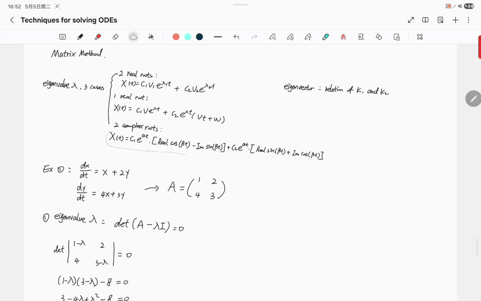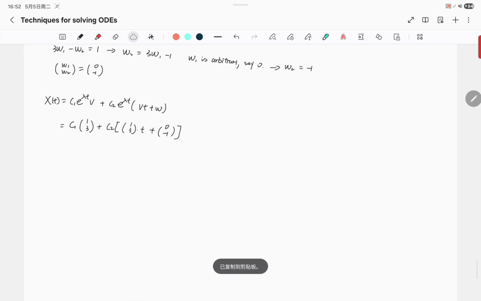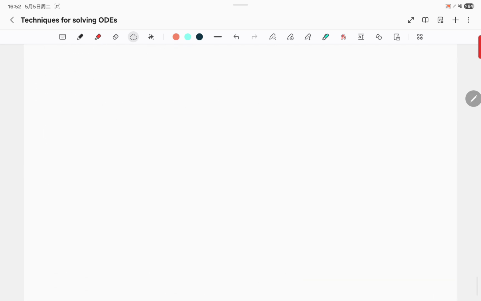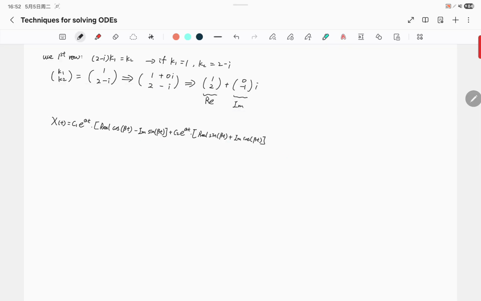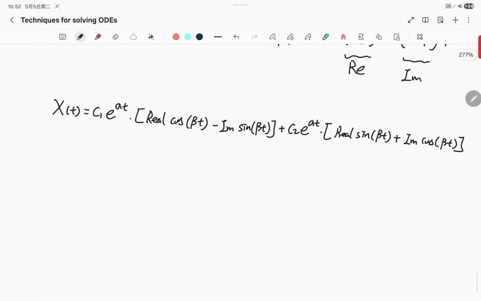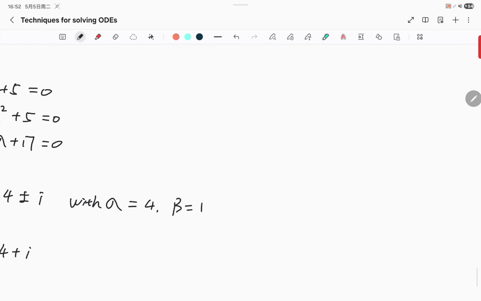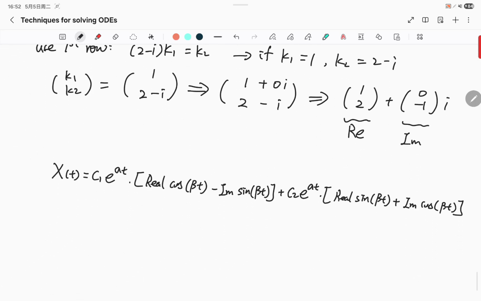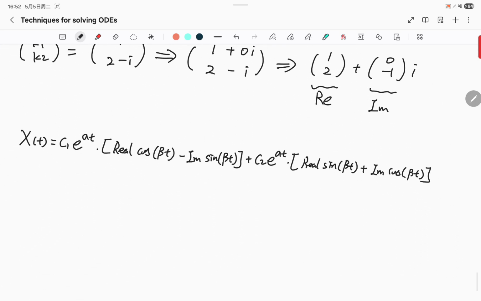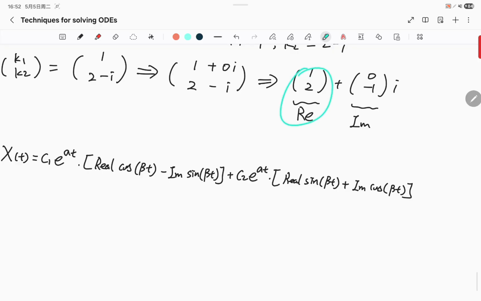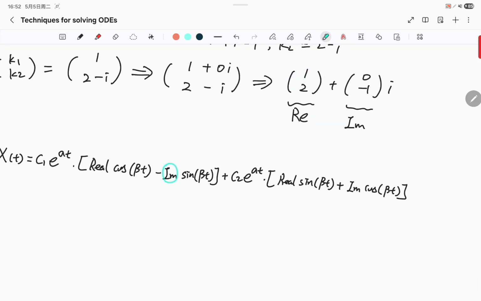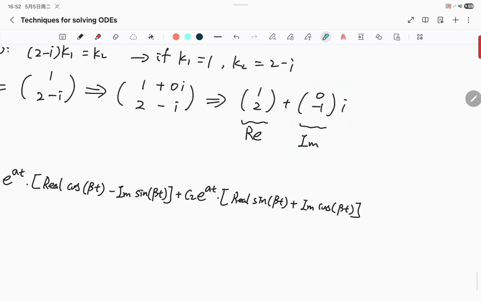I don't even want to write it down again. Let me just copy it. We have e to the alpha t. Alpha, we just found 4, beta to be 1. This real is not an English word. It's a vector, which is this. And the imaginary is the imaginary vector here.